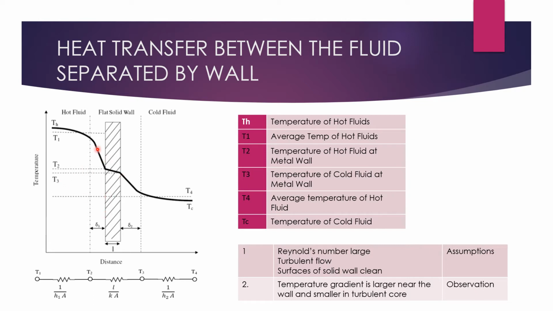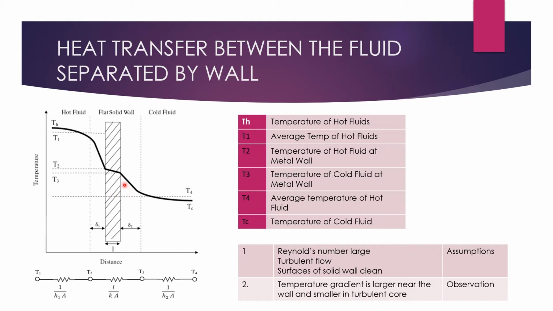Here we can see that the temperature gradient is large near the wall. Delta 1 and delta 2 are the boundary layers of the fluid, and the temperature gradient is large in this region and comparatively smaller in the turbulent core.